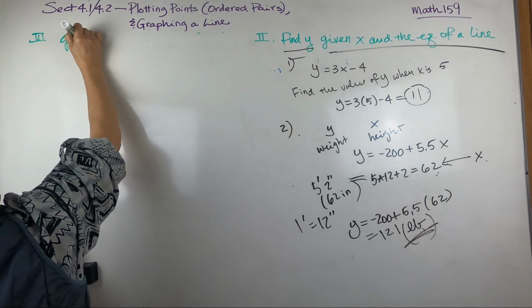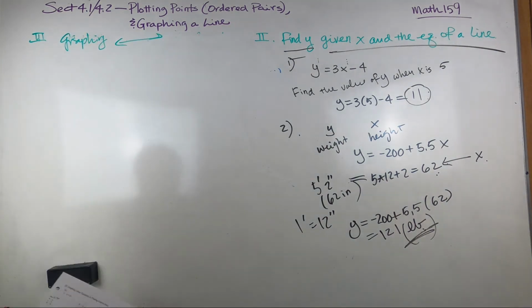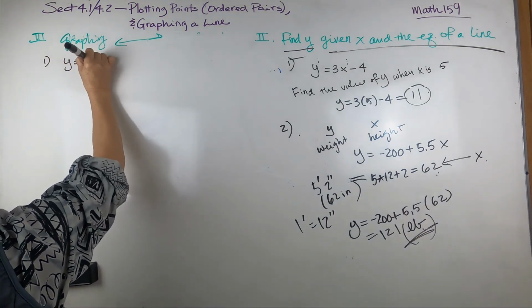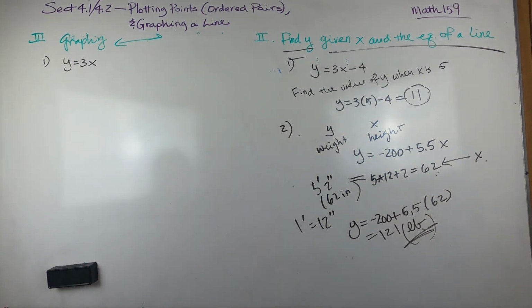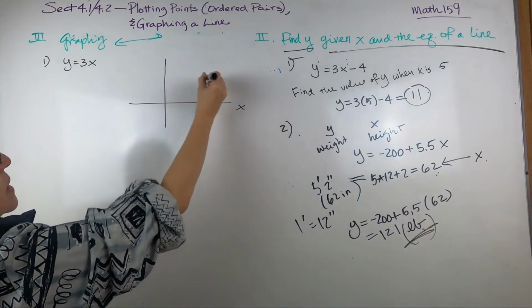So we are going to graph a line, right? Then use the points. Look at an example, y equals 3x. Is that a linear equation? A linear equation? Okay. And how do we graph a line? x and y look like this, right?